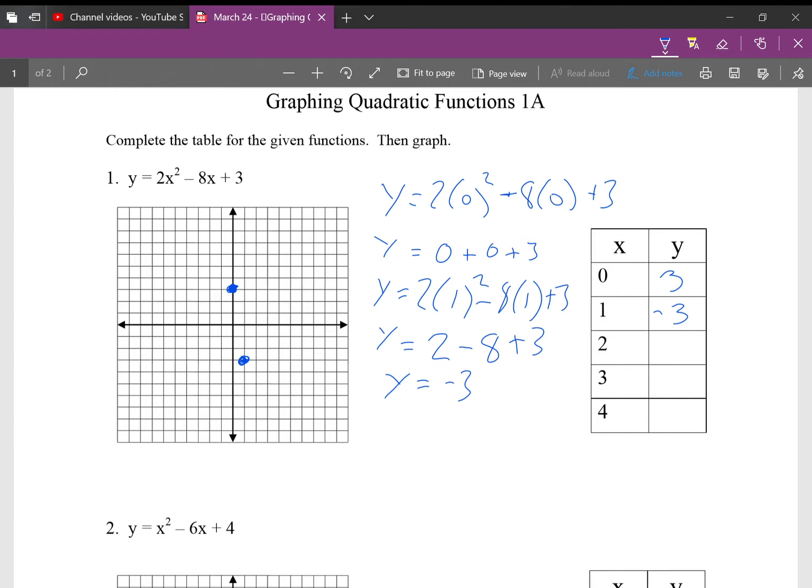All right, the next number, y equals 2 times 2 squared minus 8 times 2 plus 3. 2 squared is 4 times 2 is positive 8. Negative 8 times 2 is negative 16 plus 3.